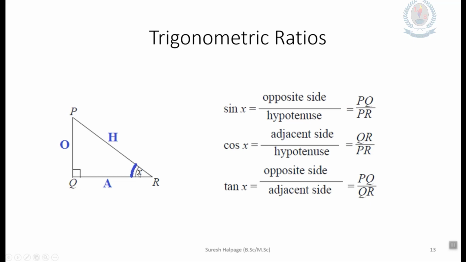So we are going to consider this angle x. So this side we can mark as opposite. So this is adjacent, opposite to 90 degrees angle. So we call it as hypotenuse.